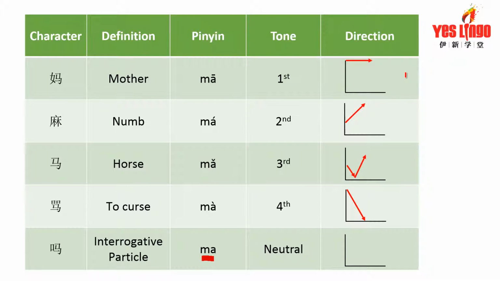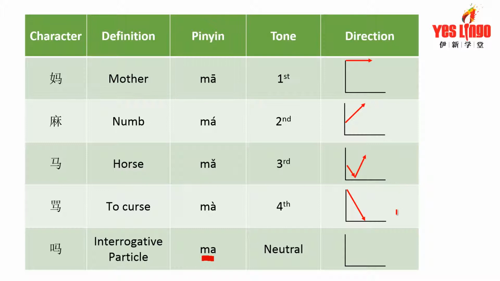So it should read like ma, ma. The second one is a rising tone. It should sound like this. Ma, ma. The third tone actually goes down and then rises back up. It'll sound like this. Ma, ma.